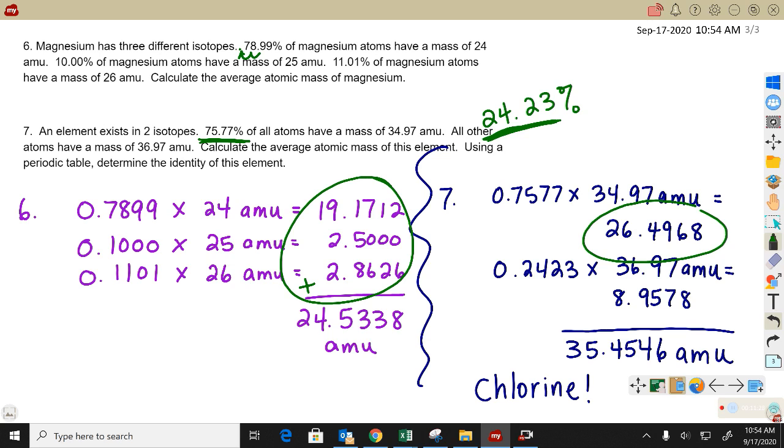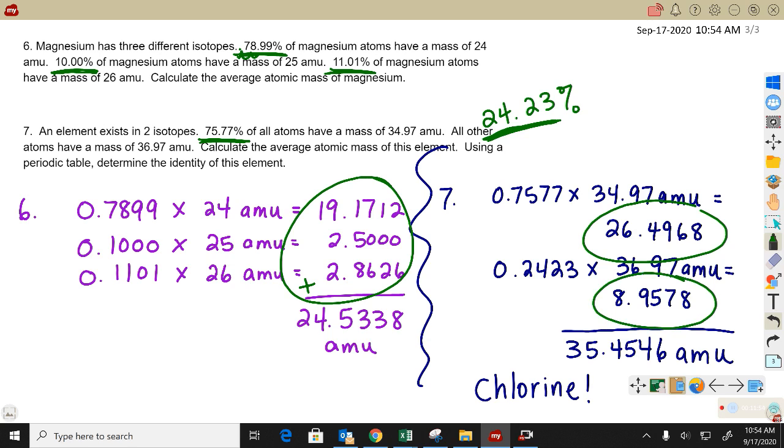It's the same thing here, like this guy, this guy, this guy. They have to add up to 100. And so they tried to trick me. They didn't tell me it's 24.23%, but you could figure it out. And then I multiply that by the next isotope, 36.97 AMU. And then I get this other fraction of mass.